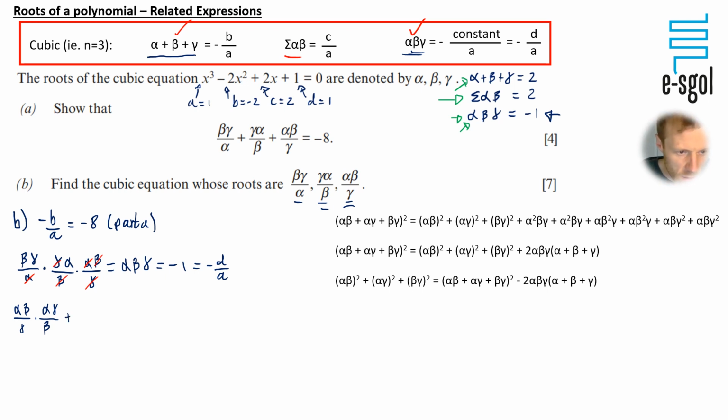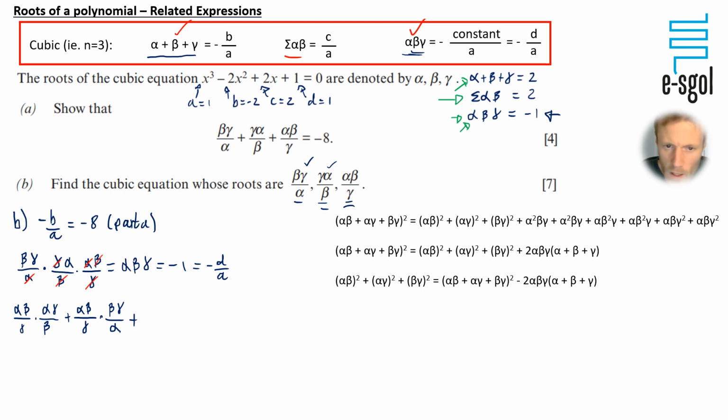Plus, and we'll just keep going, alpha beta over gamma times, I've done this one, so I need to pair it now with this one, beta gamma over alpha.